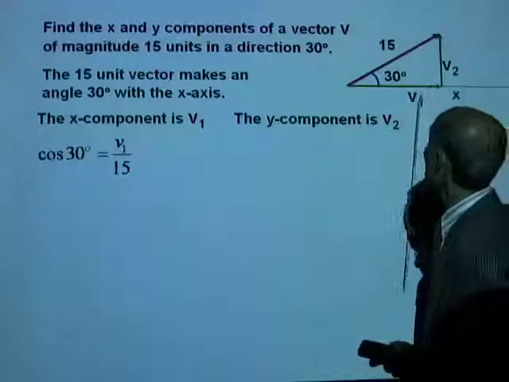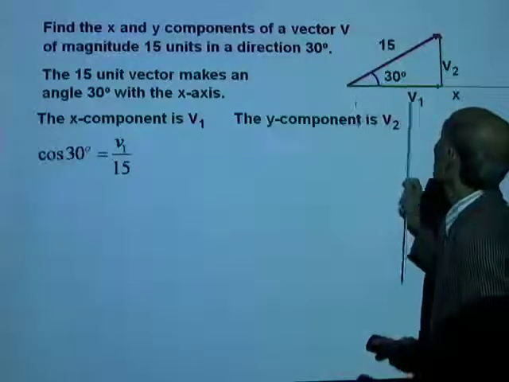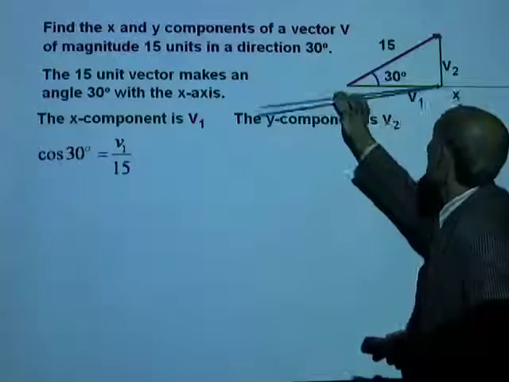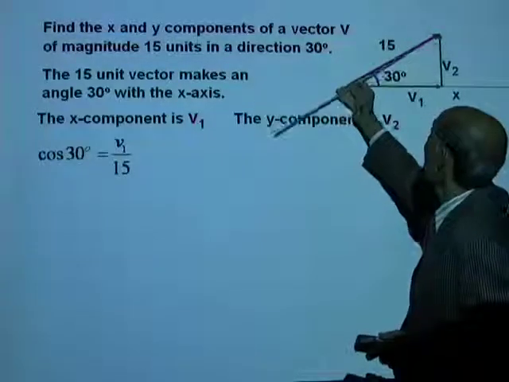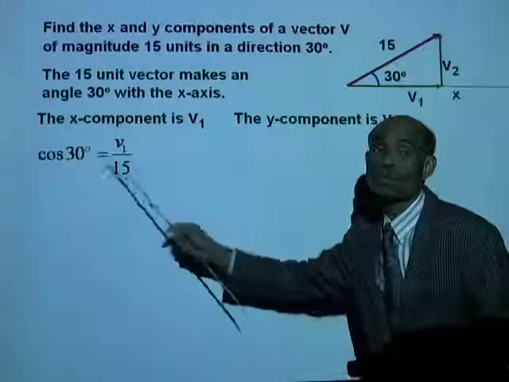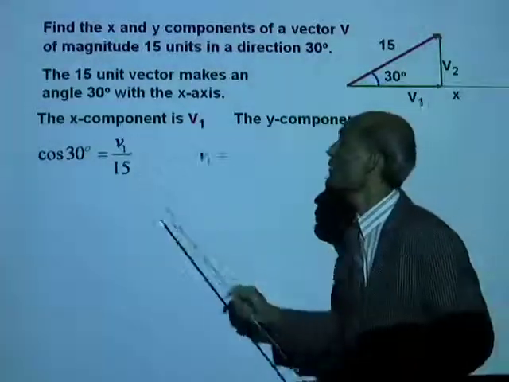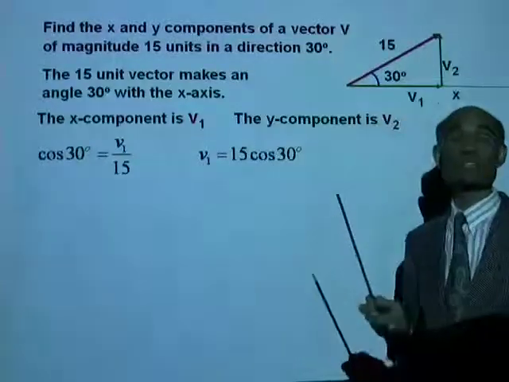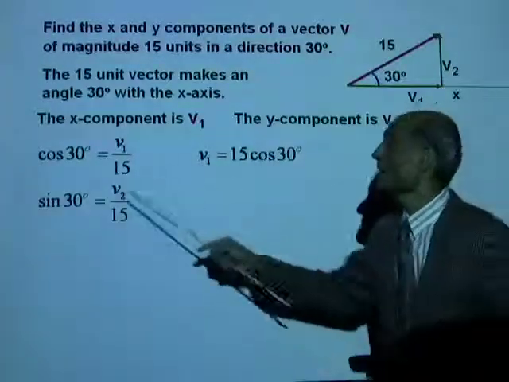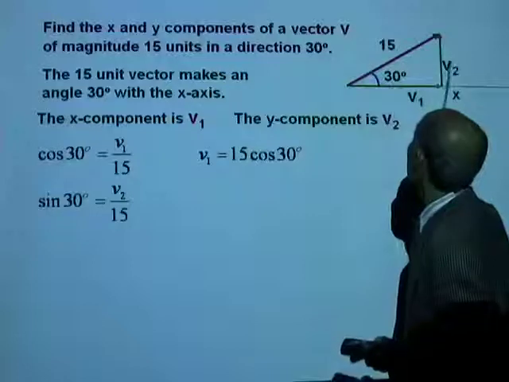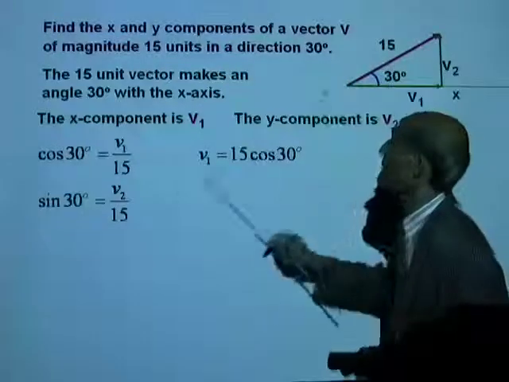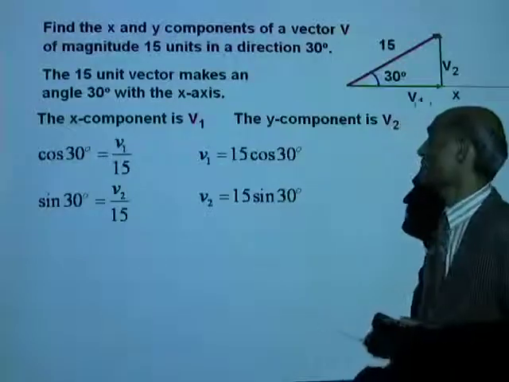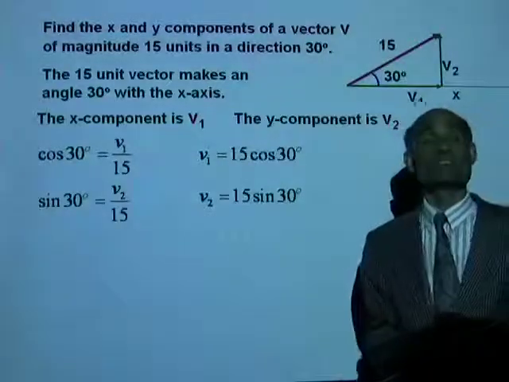Let's find the values of v1 and v2. In this triangle, v1 divided by 15 is cos 30 degrees. Therefore, v1 equals 15 cos 30 degrees. And sine 30 degrees is v2 divided by 15. Therefore, v2 is 15 sine 30 degrees.